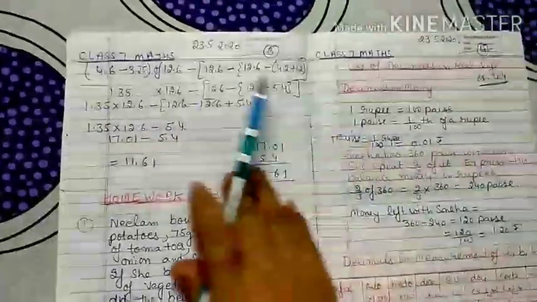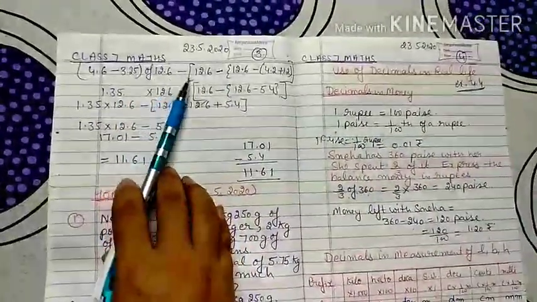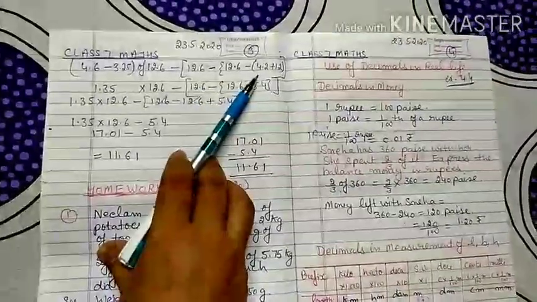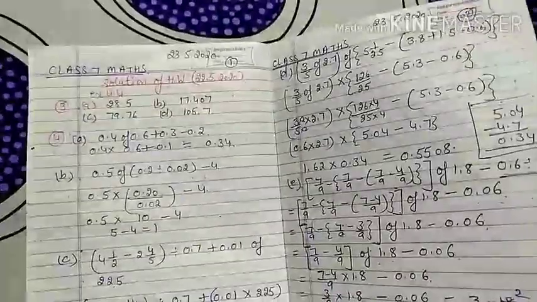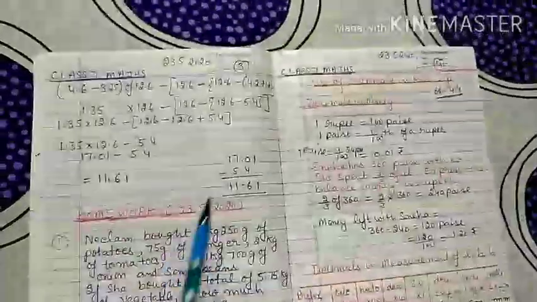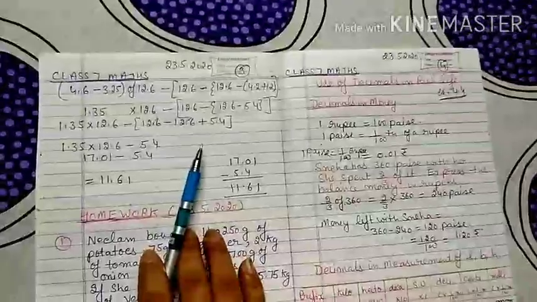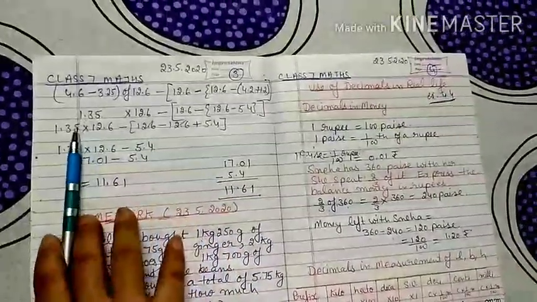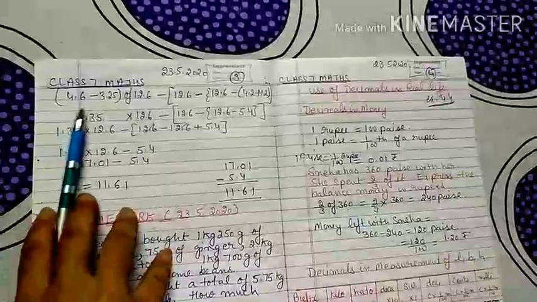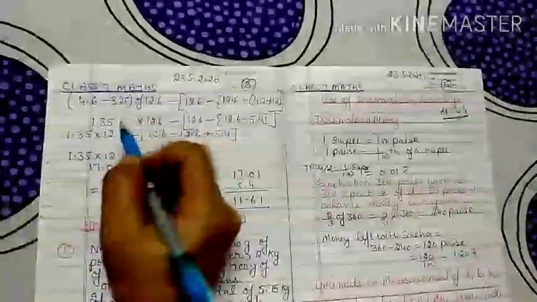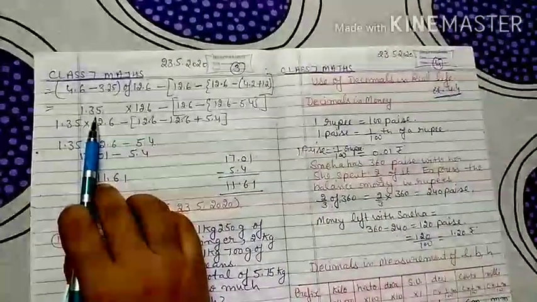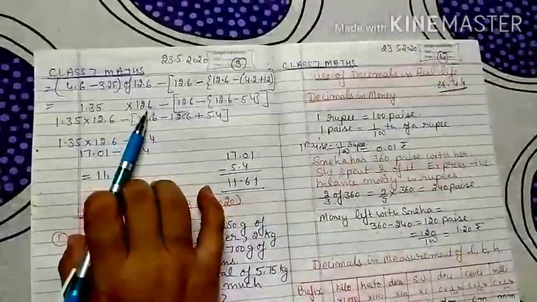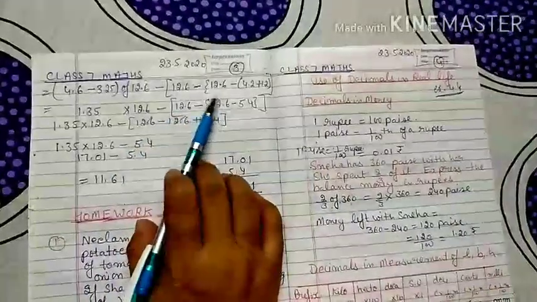Now 13 by 4 changes to decimal, so that gives me 3.25 of 12.6 minus 12.6 minus 12.6 minus 4.2 plus 1.2. Here it is 1.2. So now your next step is 4.6 minus 3.25, that gives you 1.35, and of changes to multiply 12.6 inside the bracket.